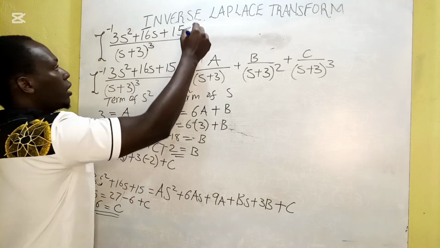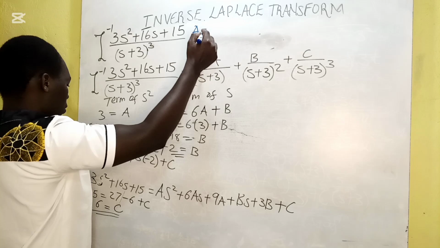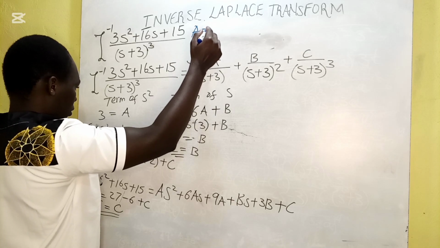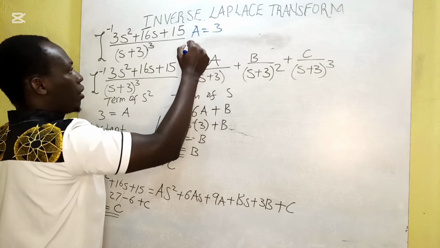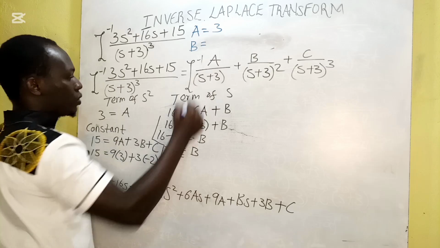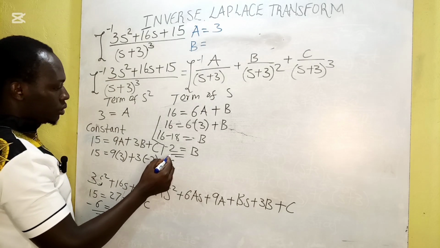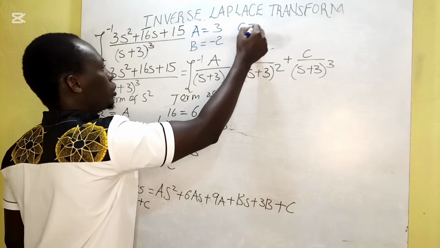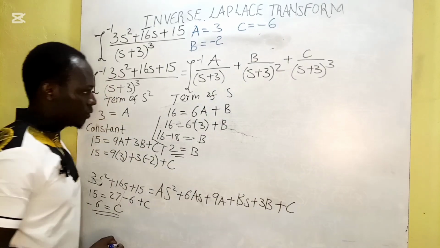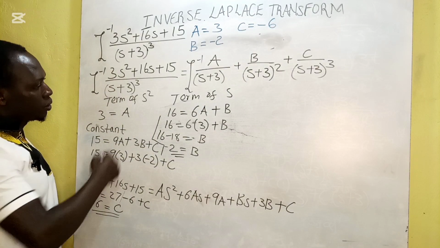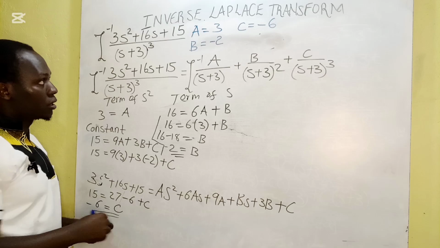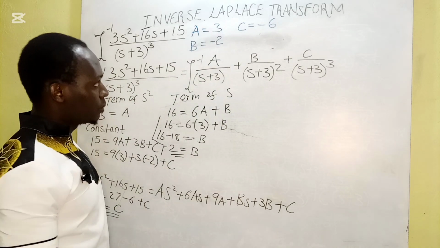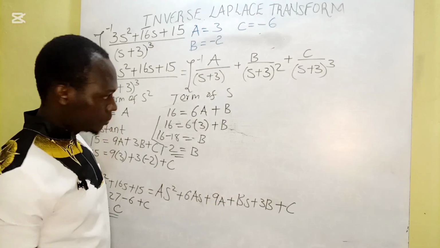Our value of a was equals to 3. Our value of b was equals to negative 2, and our value of c was equals to negative 6. Since I'm not having the space, that is the reason as to why I'm noting them there.